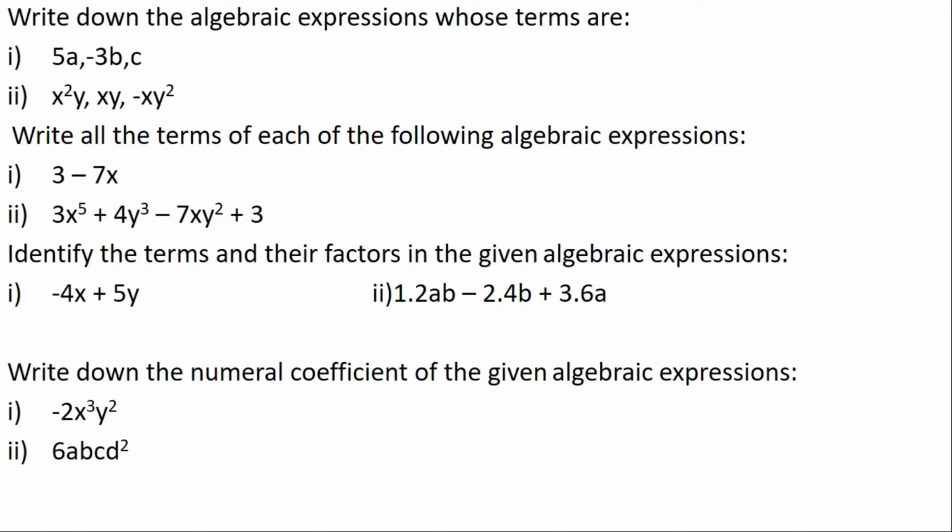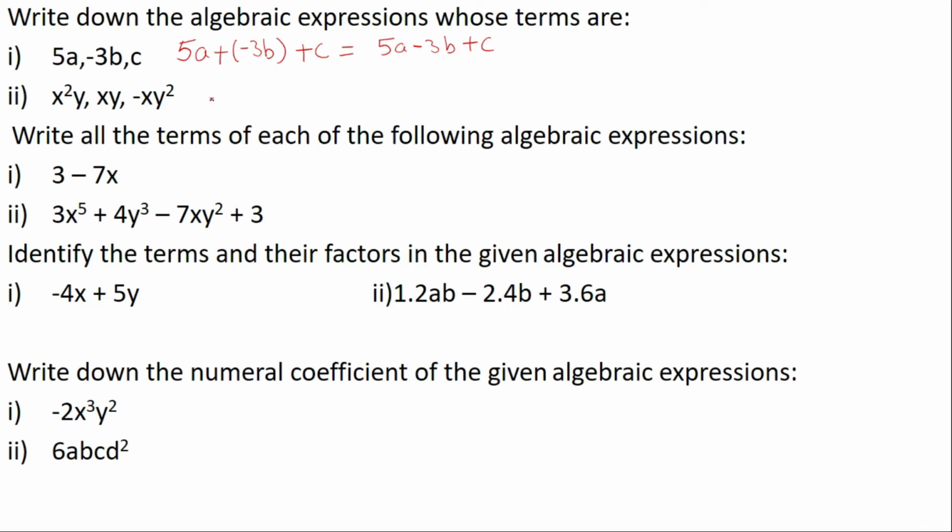Next one, write down the algebraic expression whose terms are 5a, minus 3b and c. So we have to write the algebraic expression. How will we write? We will write 5a plus minus 3b plus c, or we can write 5a minus 3b plus c.